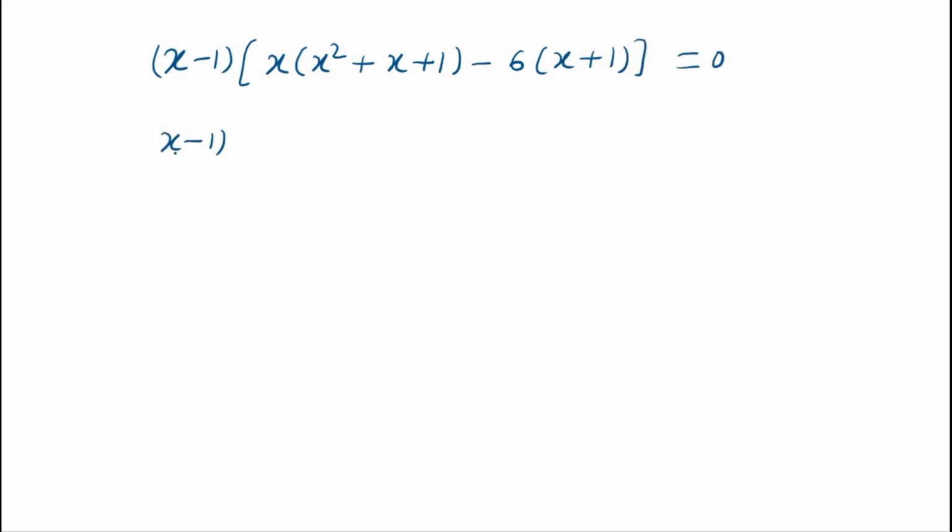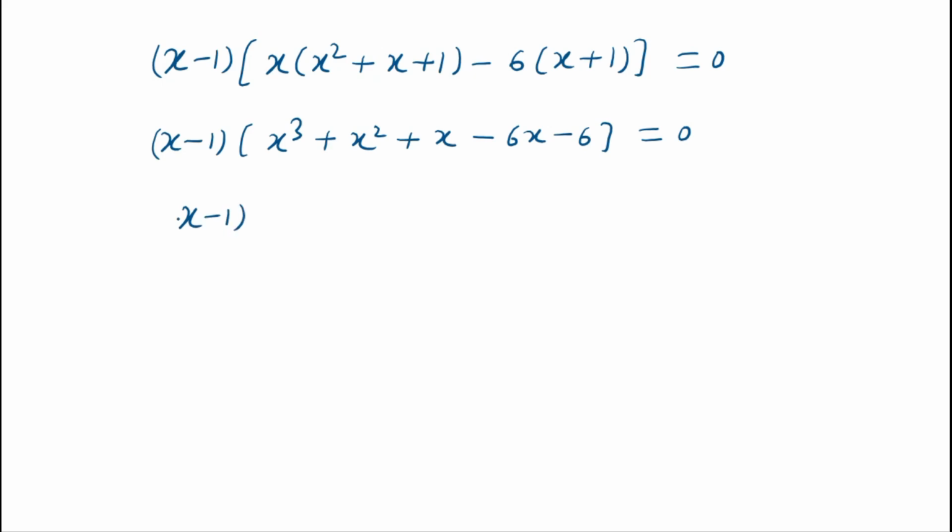Multiplying x by (x² + x + 1) we get x³ + x² + x, and − 6 multiplied by (x + 1) gives − 6x − 6, and this is equal to 0.